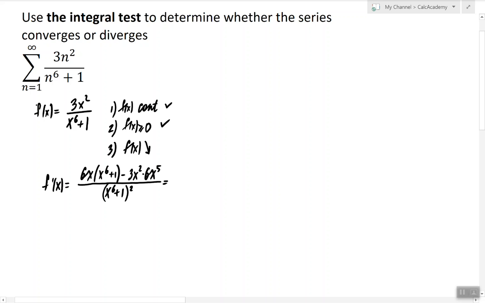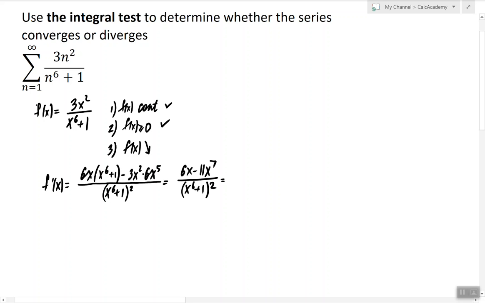We have 6x to the 7 minus 18x to the 7, that's negative 12x to the 7. So we have 6x minus 12x to the 7 over x to the 6 plus 1 squared.